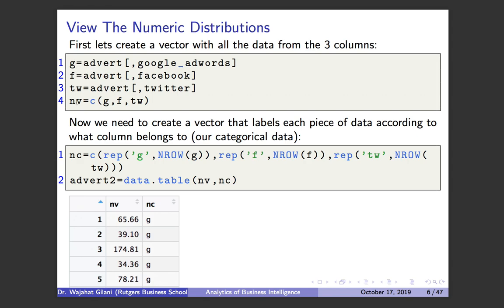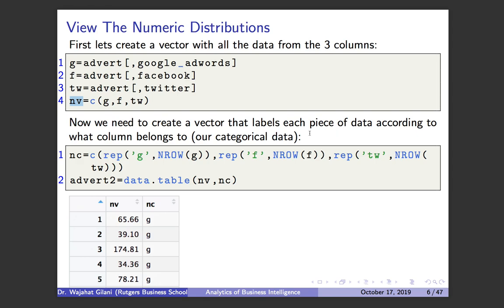And now, what am I doing? I'm creating a new vector, NV. That's going to be the aggregation of these three vectors. So these three sets of values are going to be stacked up upon one another in the vector NV. That should be pretty clear what's going on here. Now, we need to create another vector that labels each piece of data according to what column it belongs to, right?